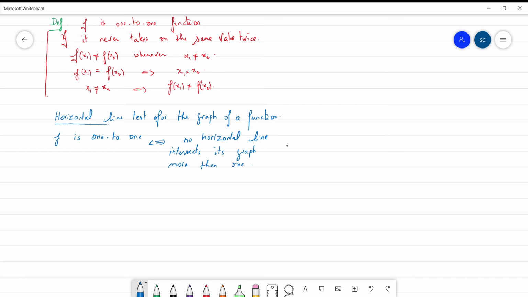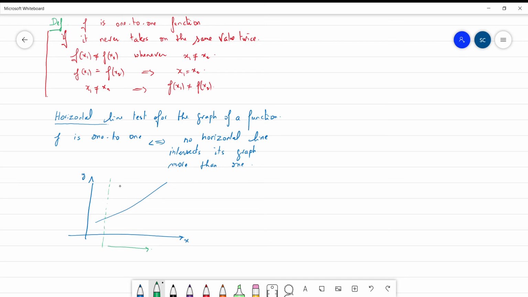So for example, let's say this function on this interval is a function because I can imagine a vertical line and move it along the interval described.